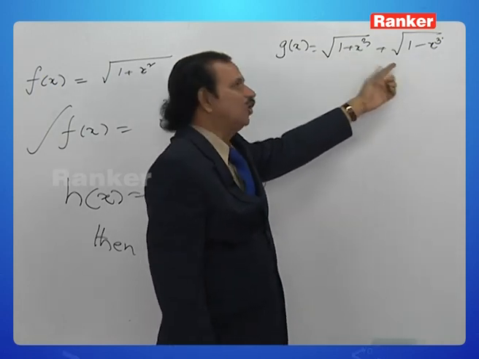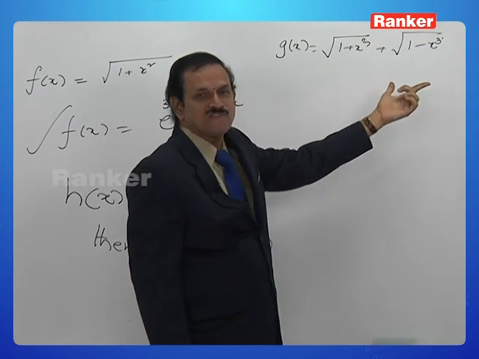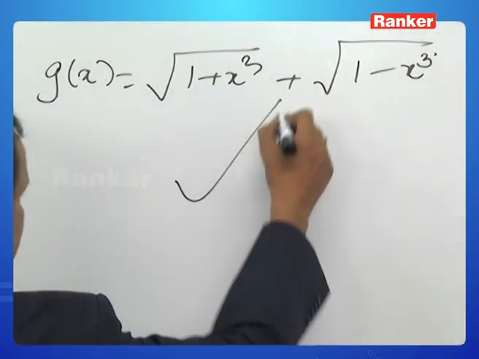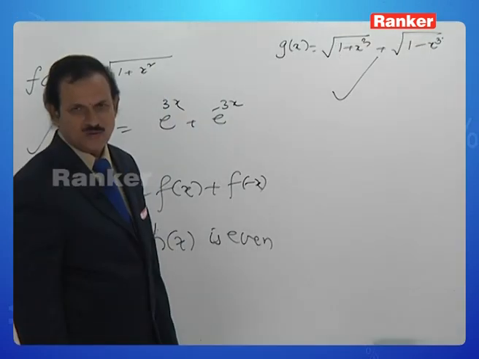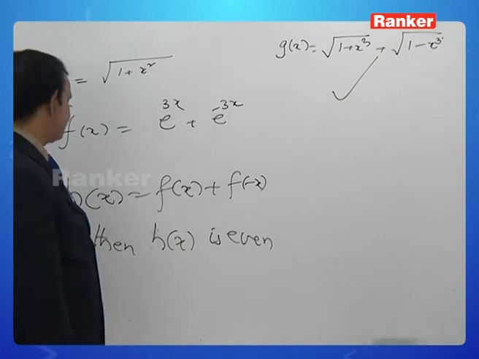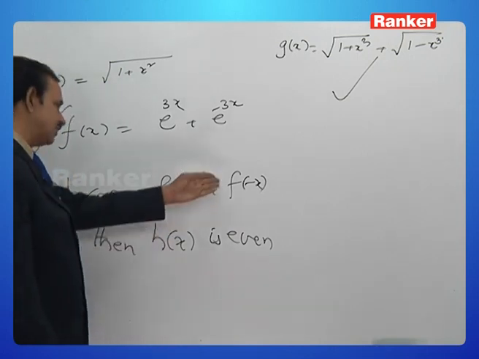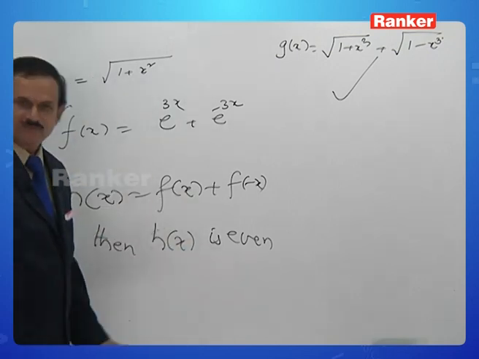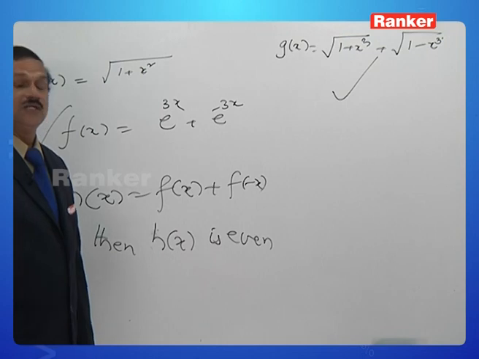This is. Therefore, this occurs in the shape of f of x plus f of minus x. No doubt we will be able to say that this is even. What is the basic thought that we must possess here? If any function occurs in the form f of x plus f of minus x, such a function is even.